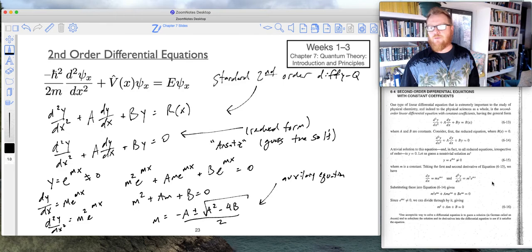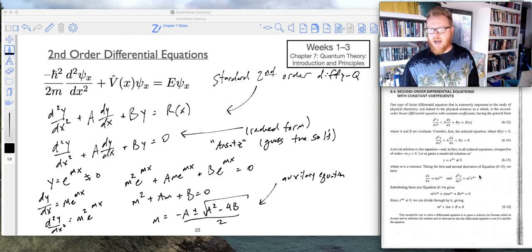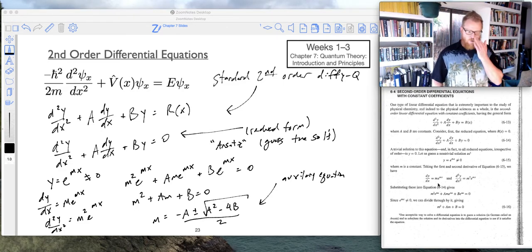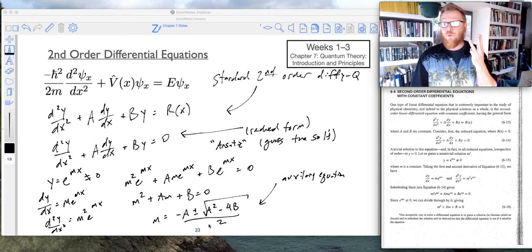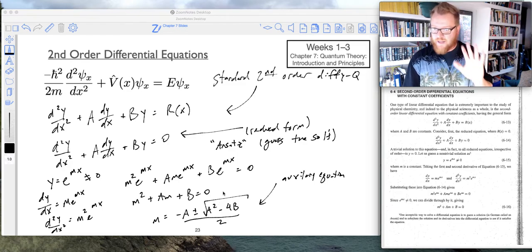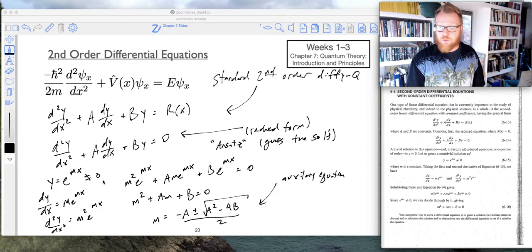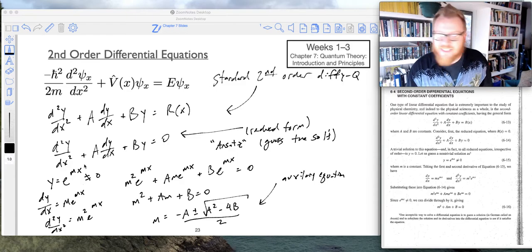Now we have a few things to consider. I'm going to leave this up to remind you of the process we just did. When we go to solve for m, we're going to have three possible outcomes, so keep track of this. We started with a second order differential equation that we put in the standard reduced form. For all standard second order differential equations, we guess ansatz, and the guess we use is y equals e to the mx.